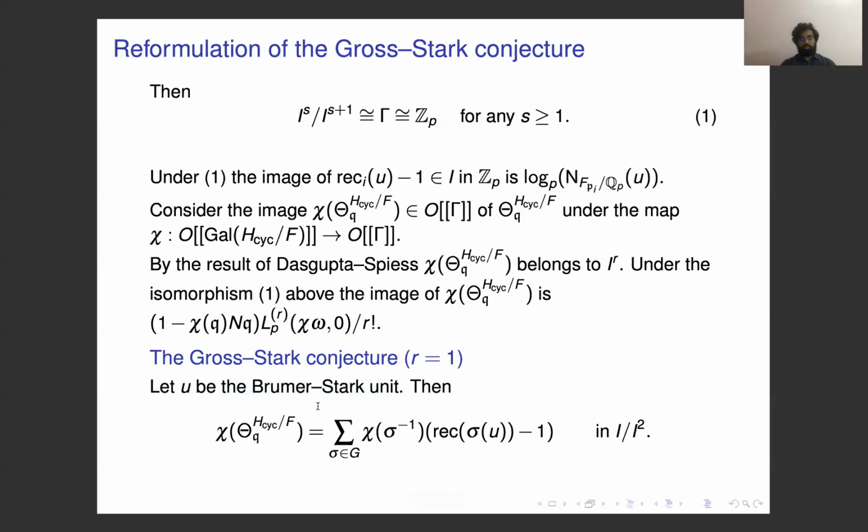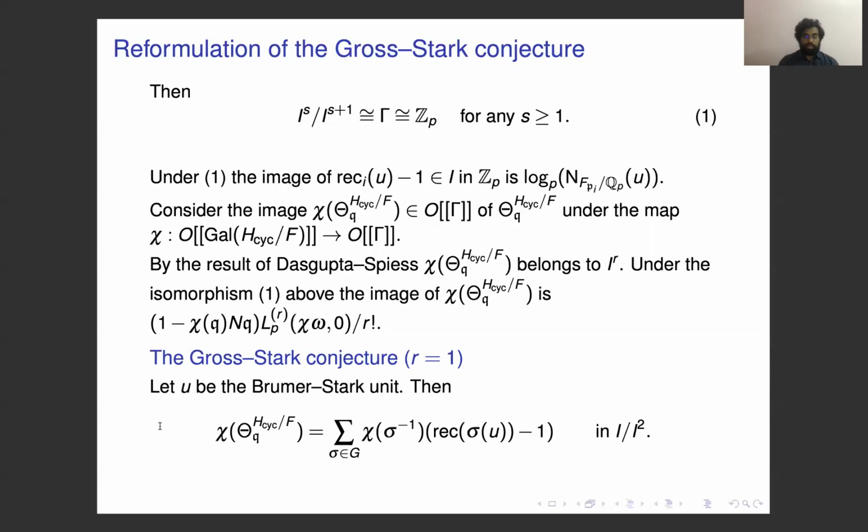Well, again, here we don't really have to assume it, but since we know the Brumer-Stark conjecture now, I'll assume it and state it in the nicer form that it can be when you assume Brumer-Stark. So if I want to state it for r bigger than 1, I have to also recall the Rubin-Stark conjecture, which I don't want to do. So I'll just state it when r is equal to 1 for now.